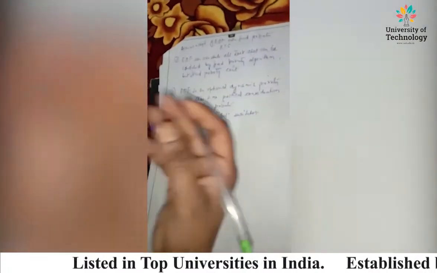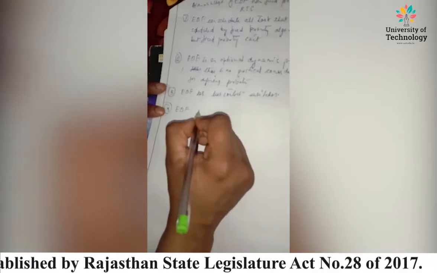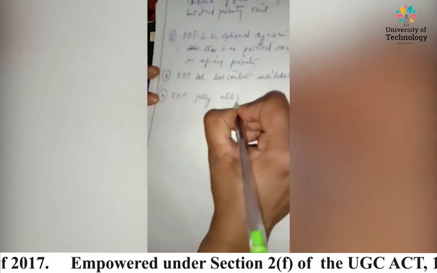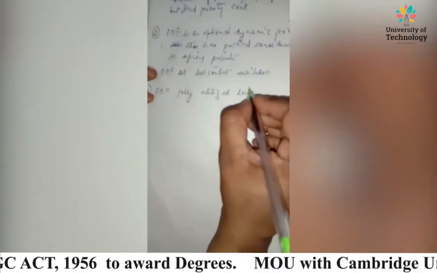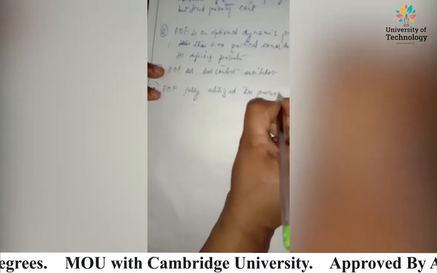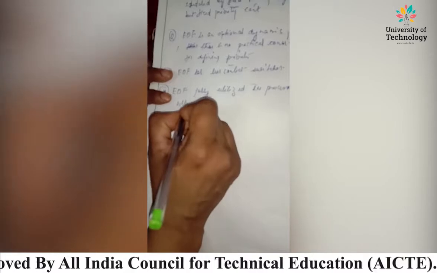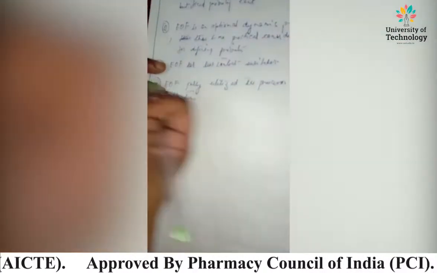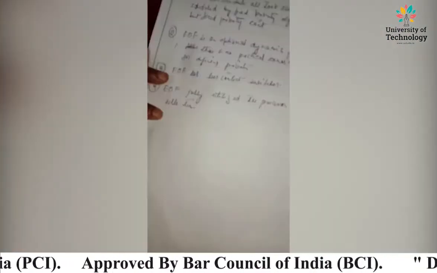You can write it down: EDF fully utilizes the processor except idle time. So excluding idle time, EDF has the capacity to utilize the processor fully.